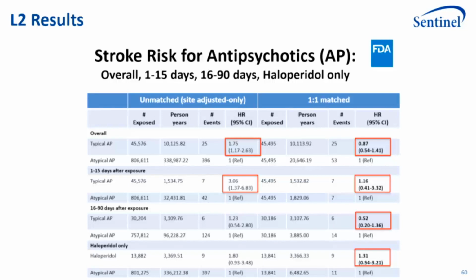They have a higher risk of stroke among the typical antipsychotic users compared to atypical antipsychotic users. After propensity score matching in the matched cohort, however, hazard ratios all cross the null, regardless of the overall analysis, the risk window specific analysis, or the haloperidol analysis.